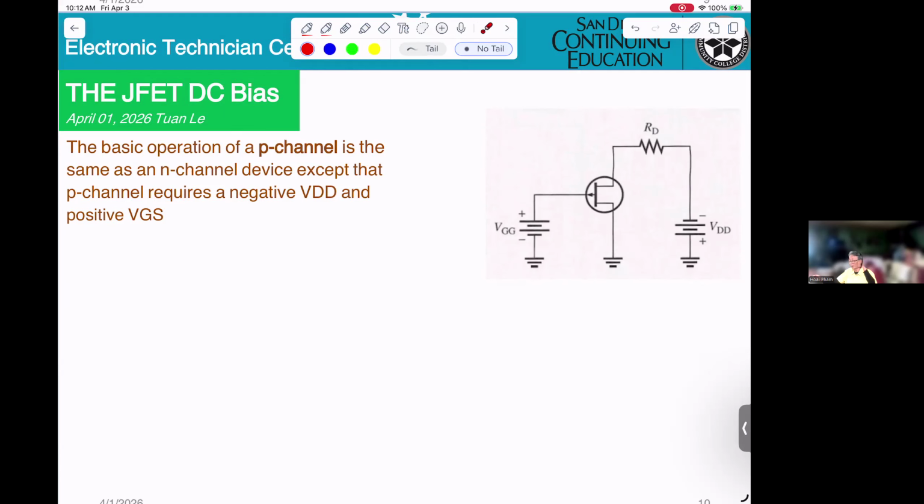So basically, both N-channel and P-channel work in the same way. However, the difference is VDD will be negative and VGS will be positive. That's opposite to N-channel.